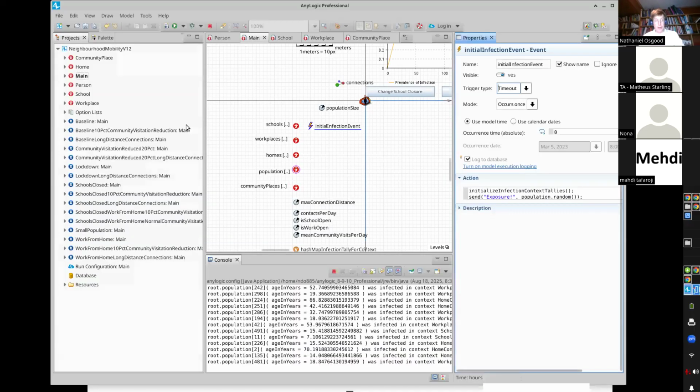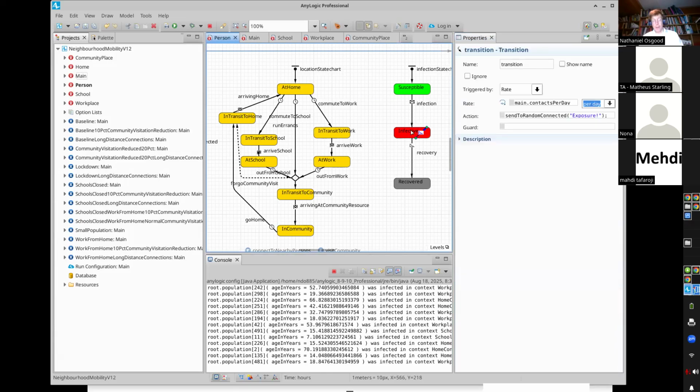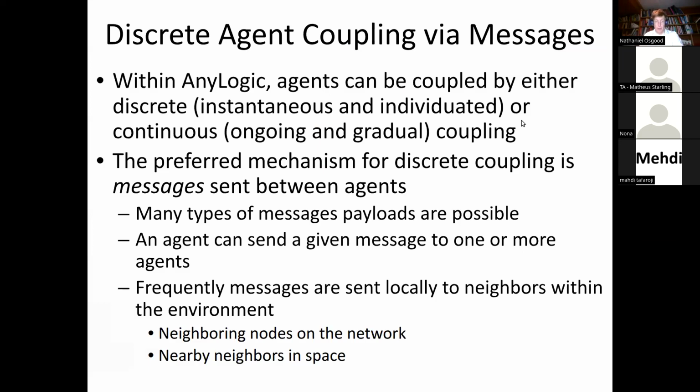It'll be one sending the other a message saying, for example, if one's infective, they send a message to another saying, hey, you're exposed. It's like I'm coughing and you're nearby. I can send you a message either to someone connected to me in my network, that's what this is, or connected to me nearby in space. I could do that alternatively.